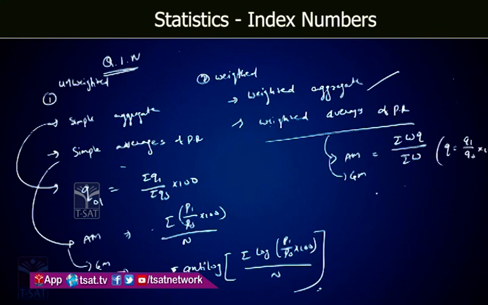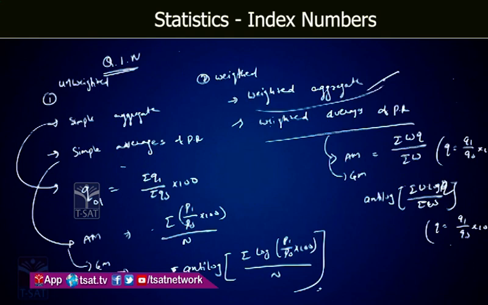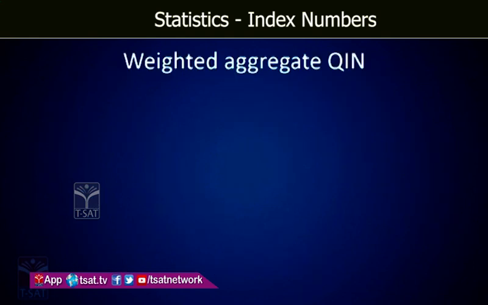For geometric mean, we have antilog of summation W into log Q by summation W, and Q is same here, Q1 by Q0 into 100.